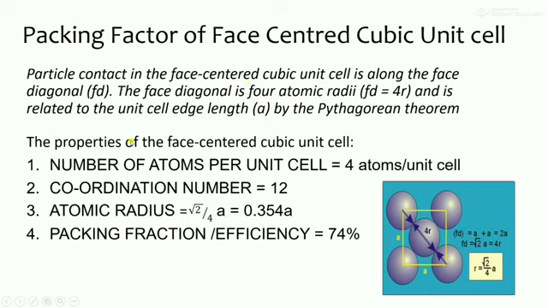So the properties of the face-centered cubic unit cells are: number of atoms per unit cell equals 4 atoms per unit cell. Coordination number equals 12. Atomic radius equals root 2 by 4 a, which equals 0.354a, and the packing fraction is 74%, as we all can see in the diagram.